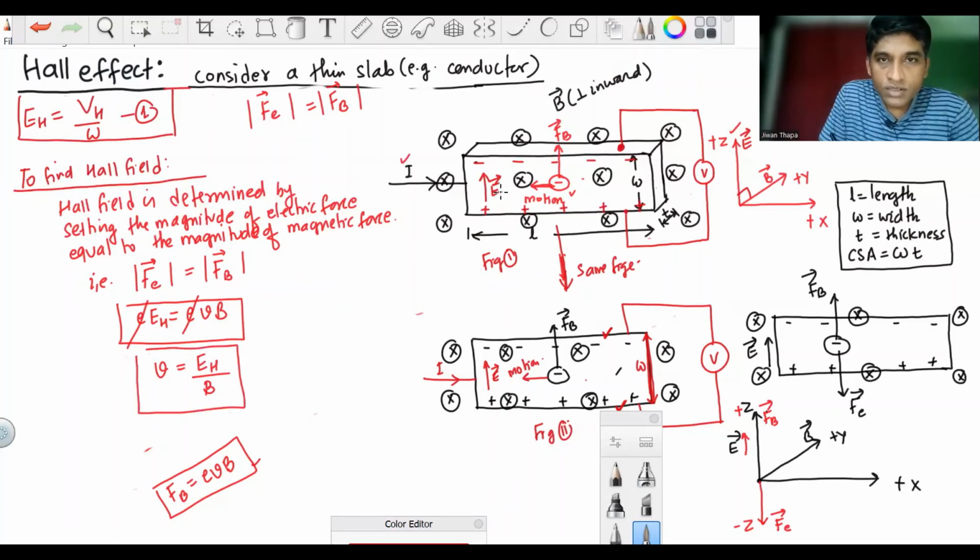We can use H in this symbol, because we are getting Hall electric field, which is perpendicular to magnetic field, and this electric field is called Hall field. So I'm using EH.